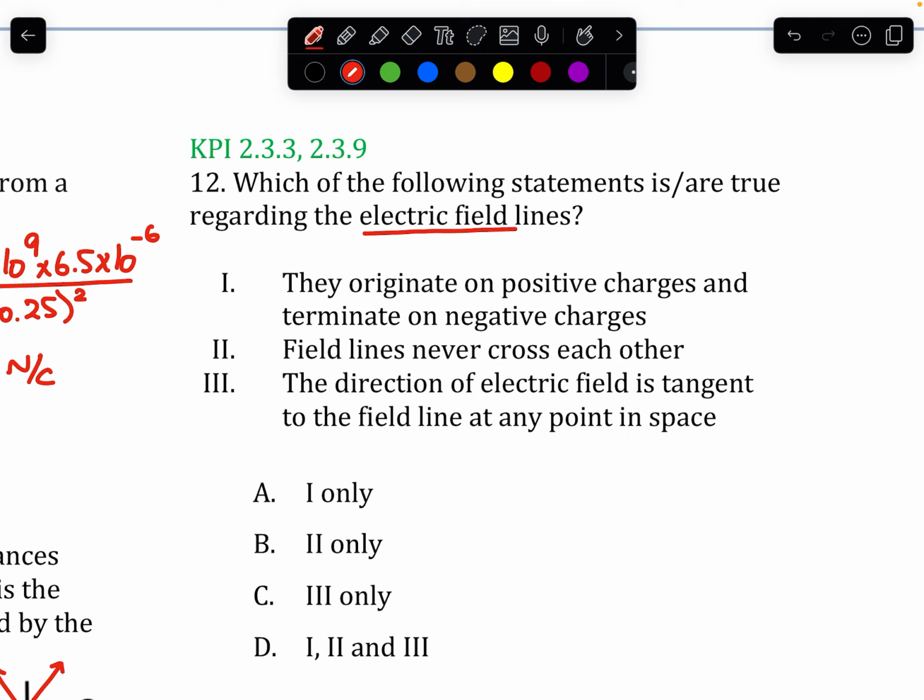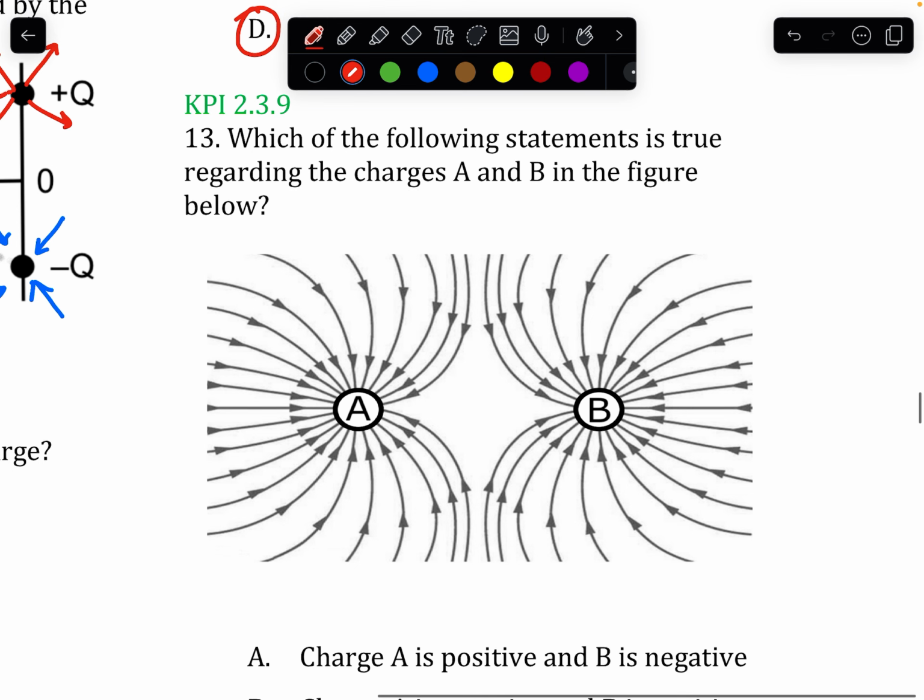They originate on a positive charge and terminate on a negative charge. That's true. Field lines never cross each other. True. The direction of the electric field is tangent to the field line at any point. Also true. So I'll take them all.